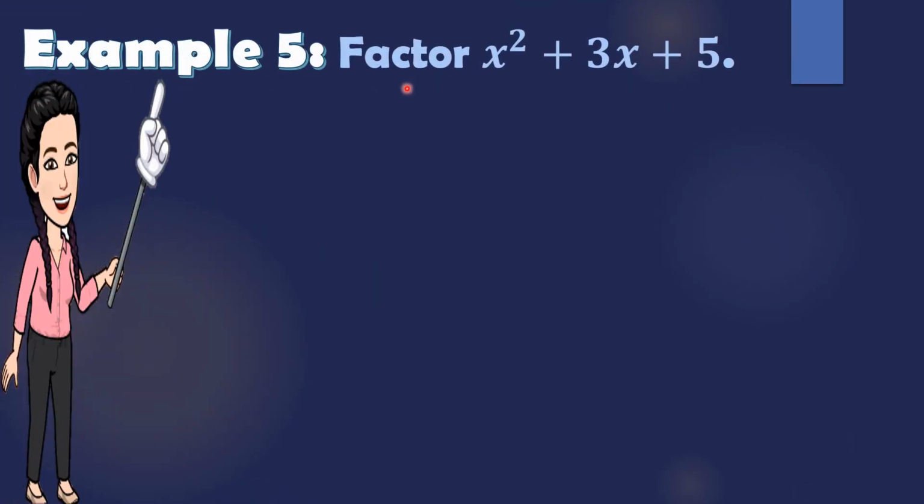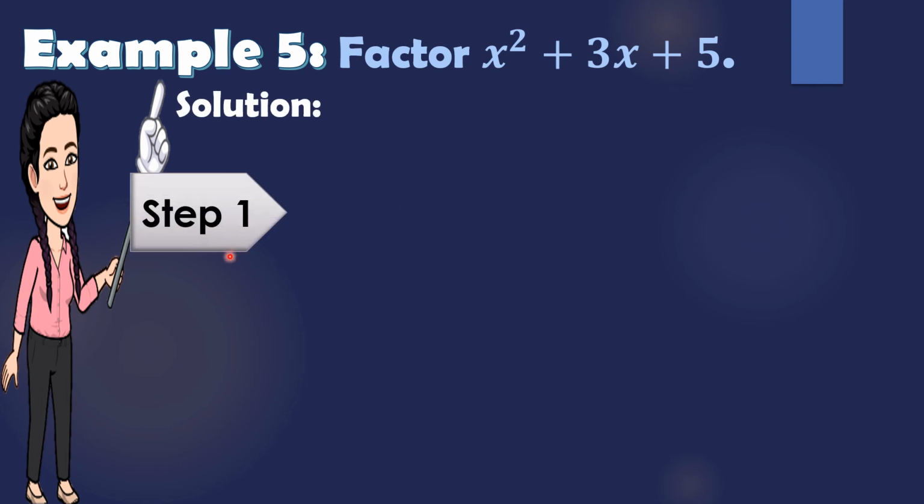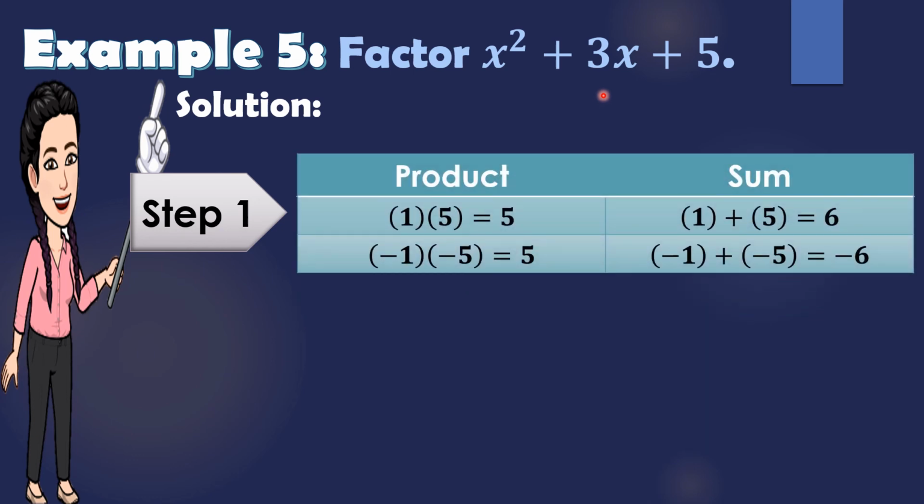Number 5. Factor x squared plus 3x plus 5. First step, think of two numbers whose product is 5 and whose sum is 3. Okay, so kapag nilista natin lahat ng factors ng 5 at inadd natin sila, wala tayong makukuha na factors na ang magiging sum ay 3.